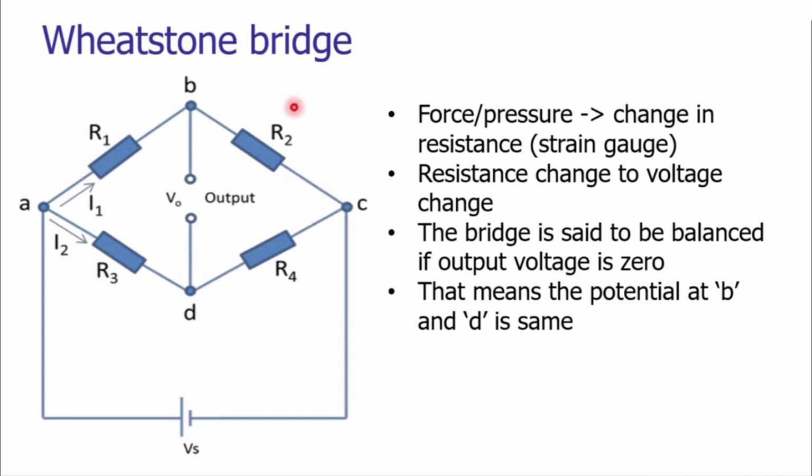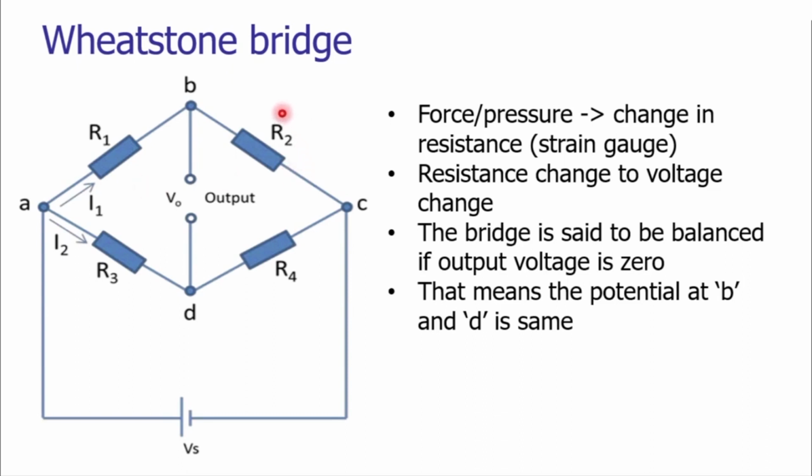But if one of these resistor values changes, then we get a noticeable output change across B and D. The change in output is directly proportional to the change in the resistance of one of the resistors.